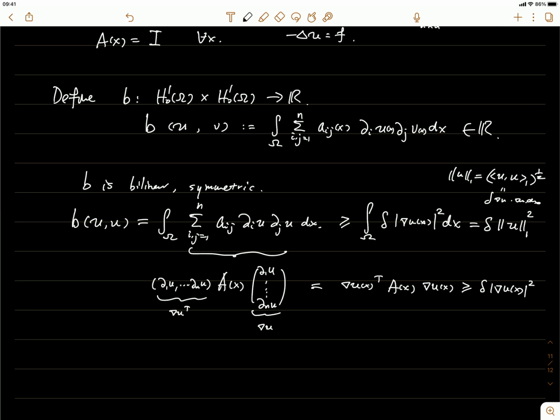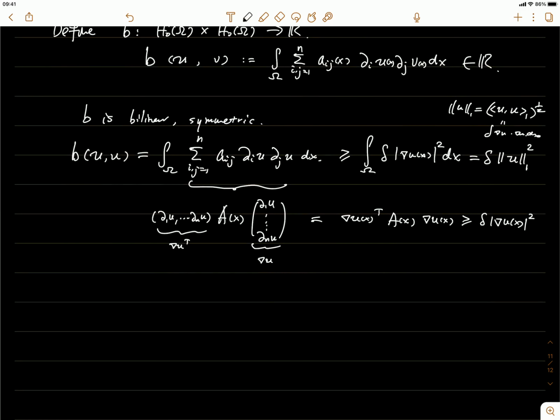Okay, so now we have shown that B(u,u) is bigger than or equal to delta times this. What this implies is that this is always non-negative, and also it is 0 if and only if u is the 0 function. So this implies that B is positive definite.